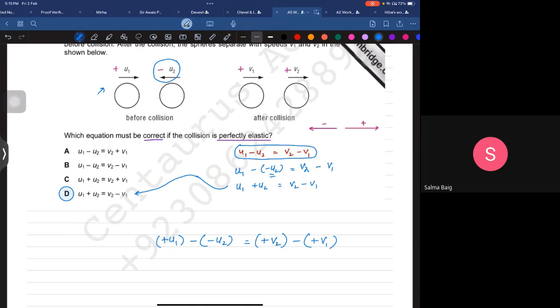You need to add the values in it like this. Do you get it? So what you're going to get is u1 plus u2 equals v2 minus v1. That's fine. Do you understand, Raza?